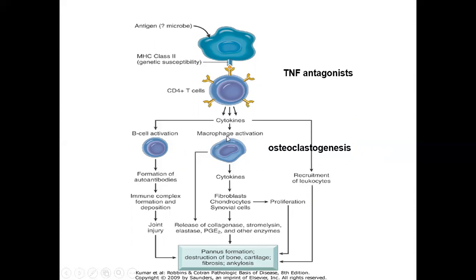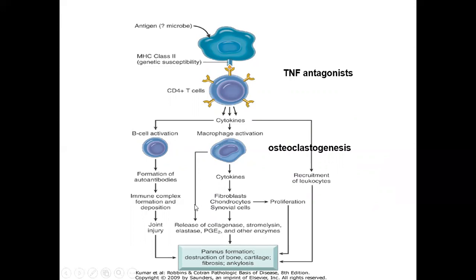Similarly, cytokines act on the macrophages and activate them. And macrophages secrete cytokines which activate fibroblasts, chondrocytes and synovial cells. All these cells become hyperplastic, showing proliferation, and lead to pannus formation.